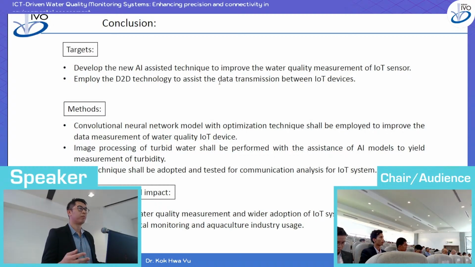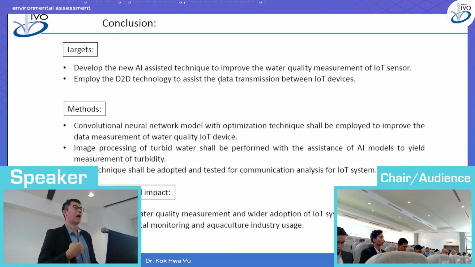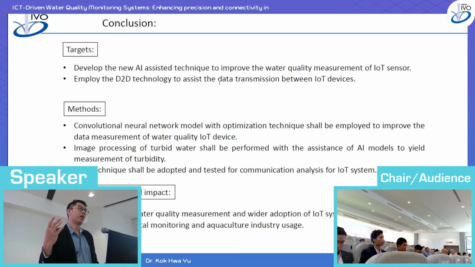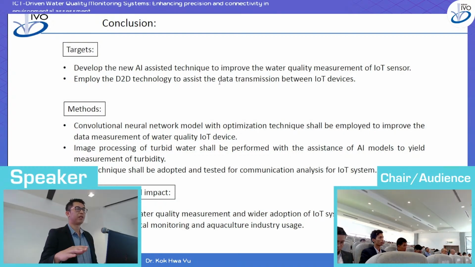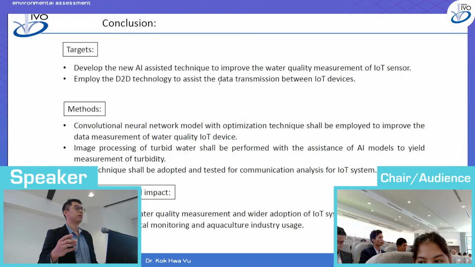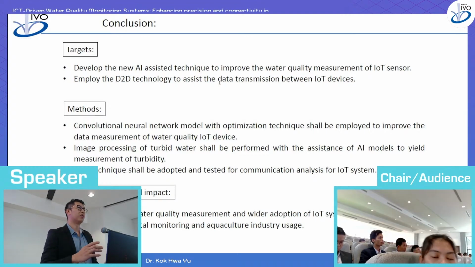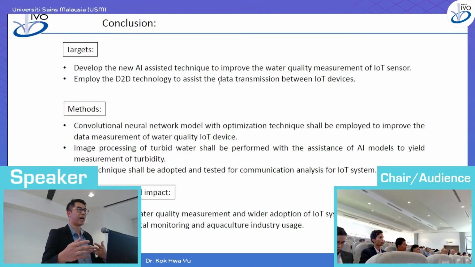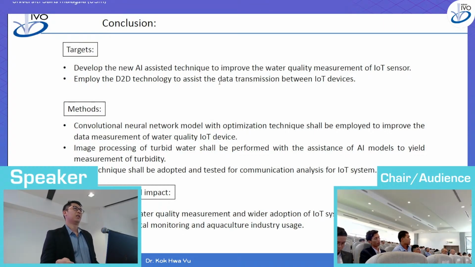I'm not a communication expert myself, but what I know from them is that when you have obstacles or surfaces, you have reflection from those. So it's not that easy to implement. Although we can implement LoRaWAN, it depends on the situation on site.